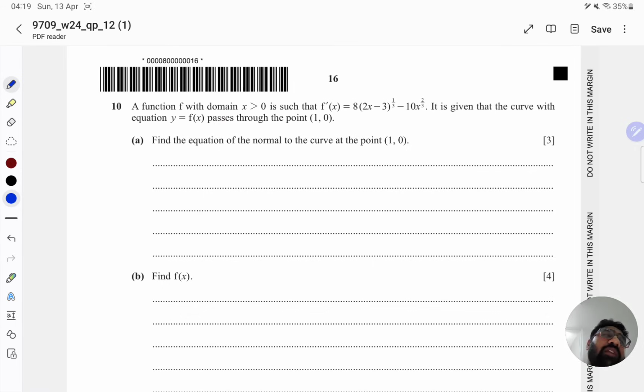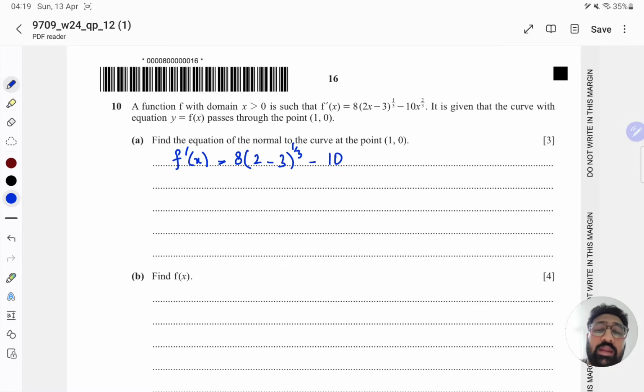So again, for finding out the equation, we need to have the gradient. We already have the points, we just need to find the gradient first. So in f dash of x, we will substitute the coordinate, which is 1. So 8 times 2 minus 3 power 1 by 3 minus 10.